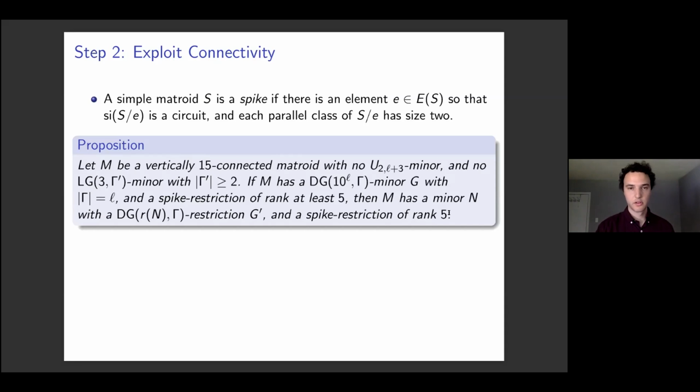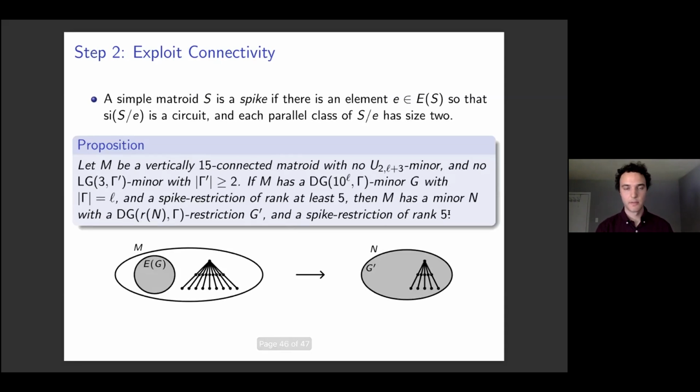So here's the picture. We have this minor G, and we have some enormous spike, and we want to find this minor N with a spanning Dowling geometry restriction G prime, and we want to recover some part of this original spike.